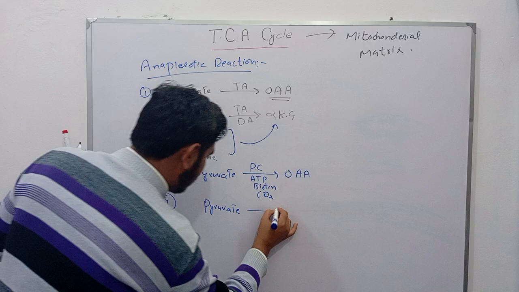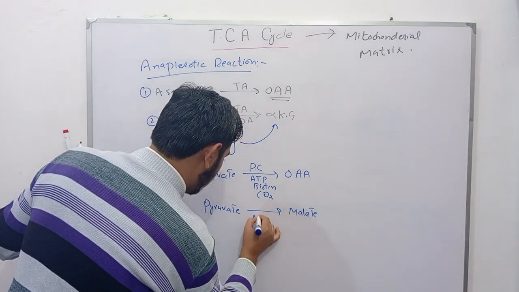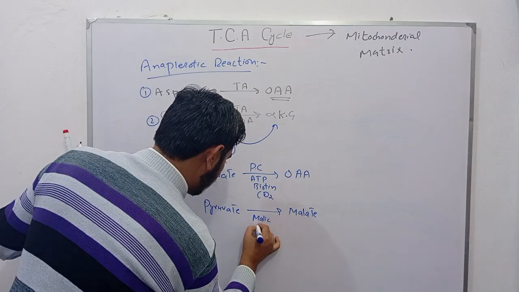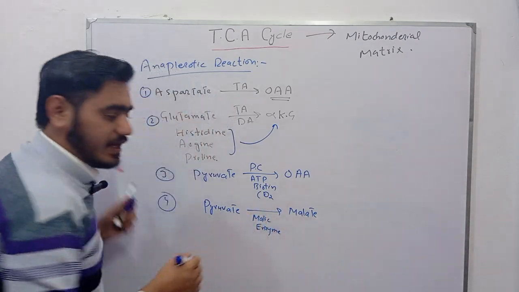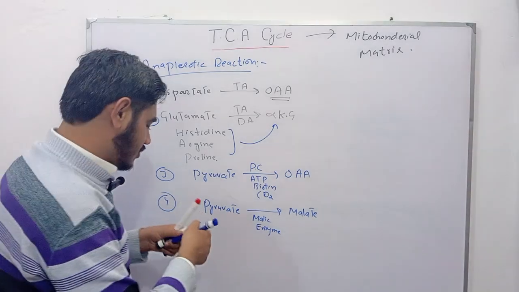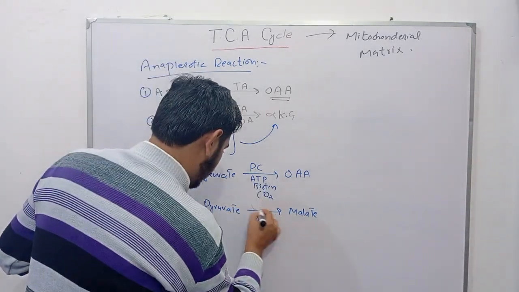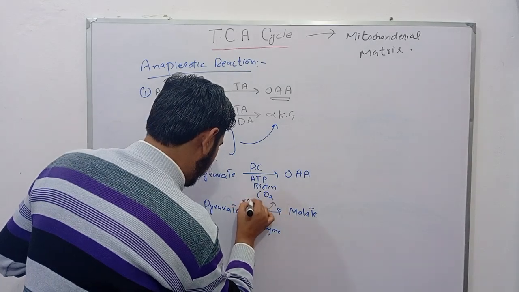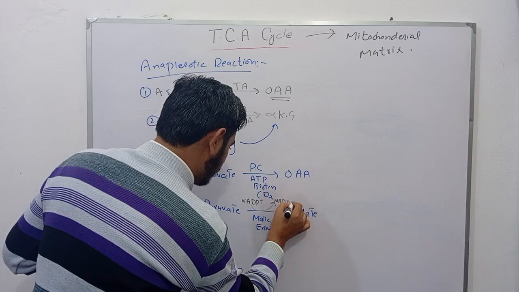It forms malate by action of malic enzyme. It requires NADP plus that converts into NADPH.